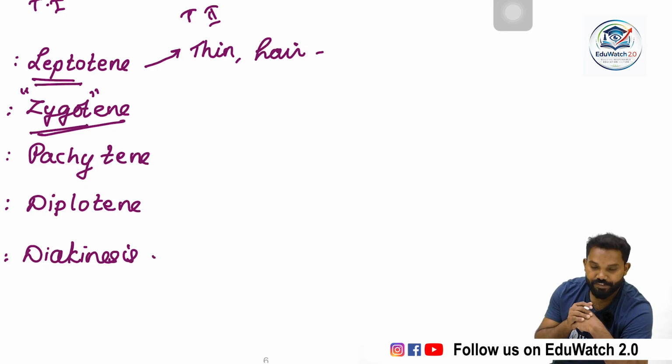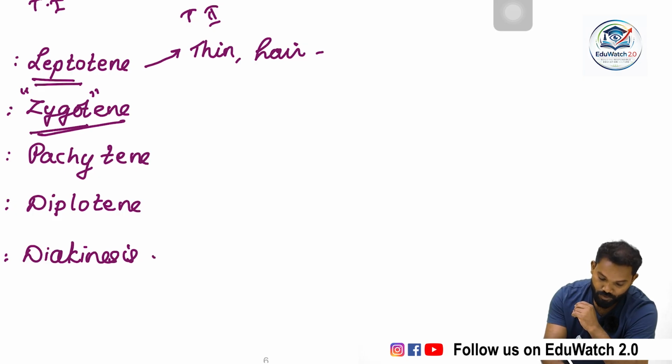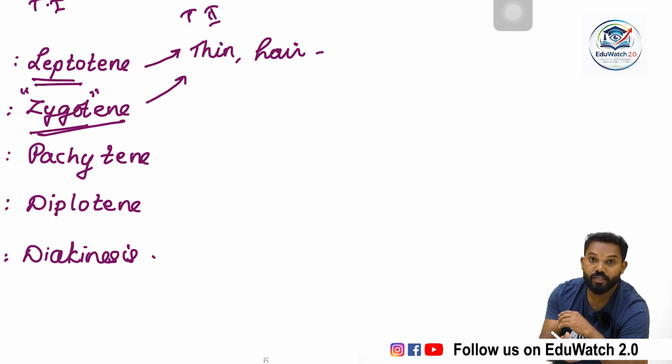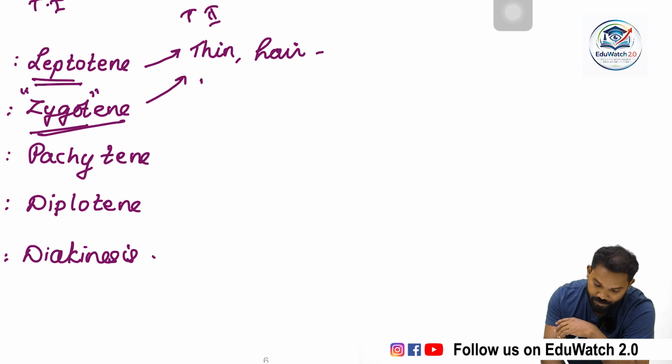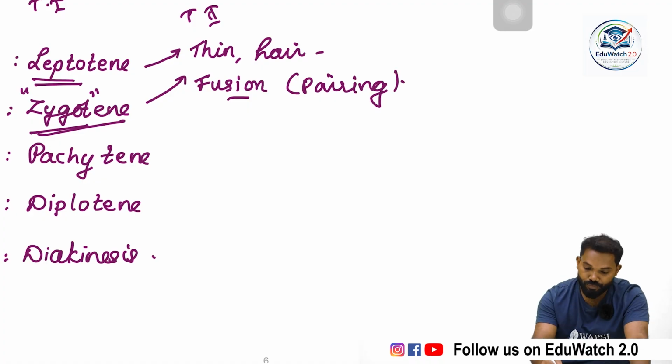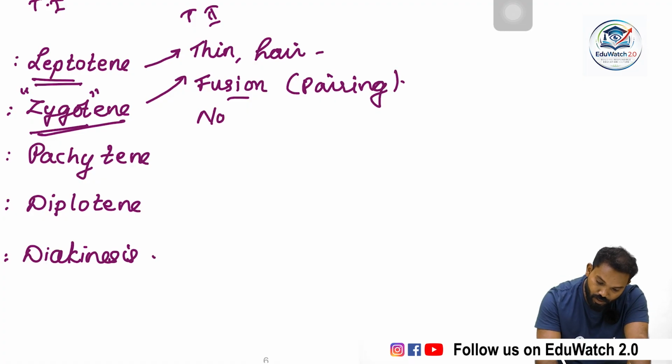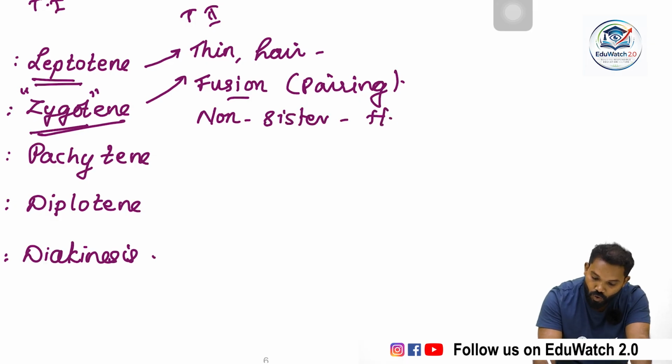Here in the stage zygotene, there is a fusion or pairing of non-sister chromatids of homologous chromosomes.